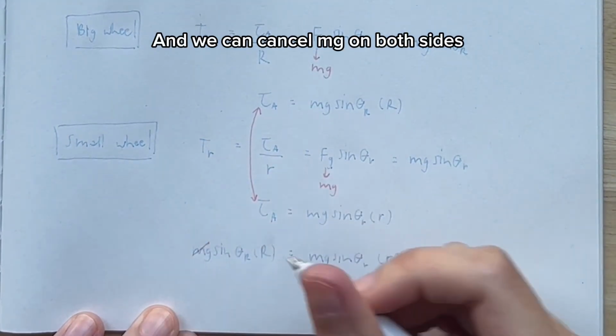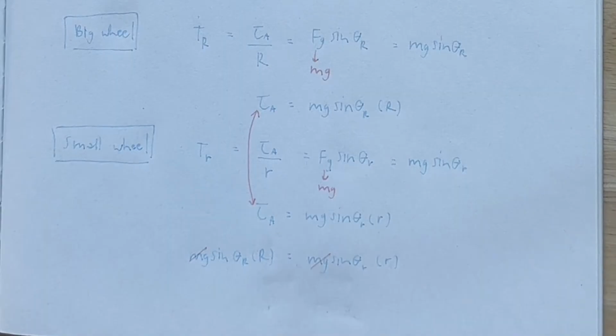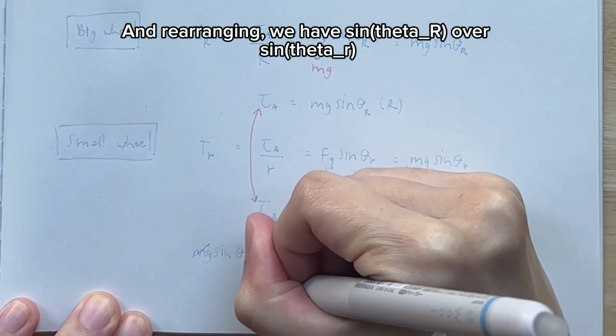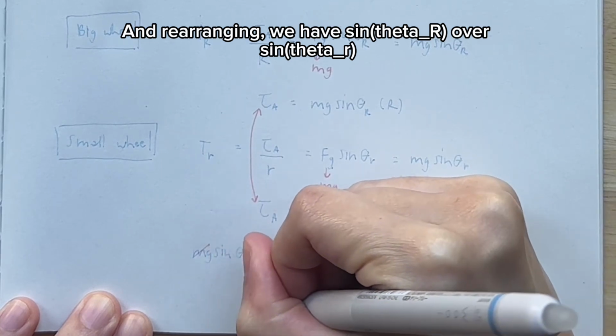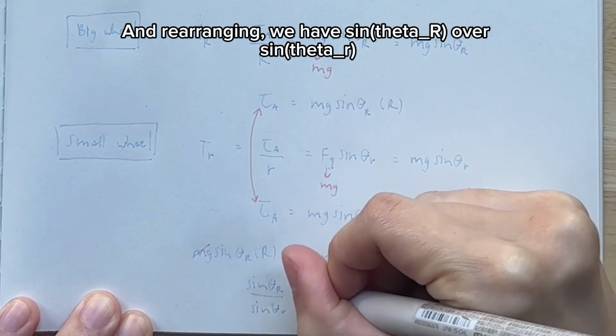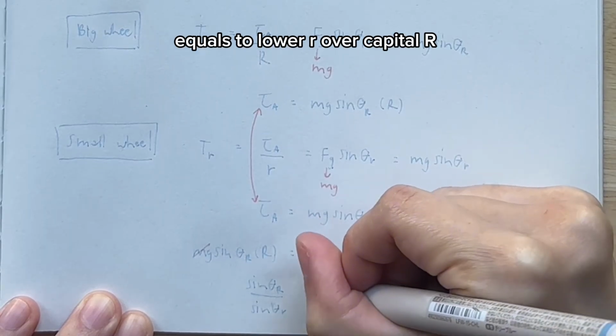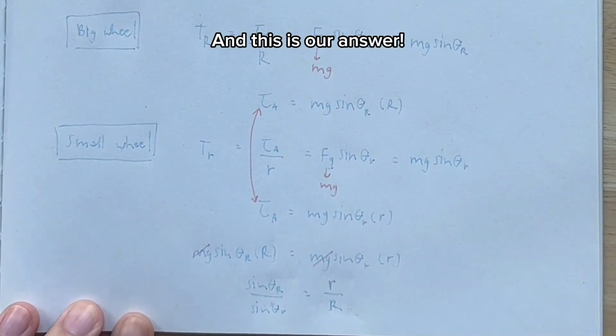And we can cancel mg on both sides. And rearranging, we have sine theta capital R over sine theta lower r equals lower r over capital R. And this is our answer.